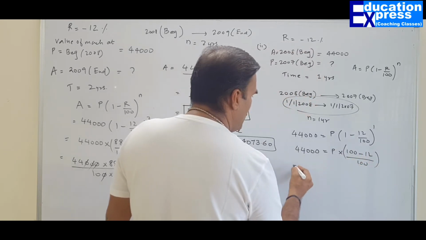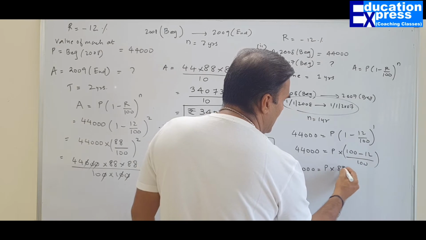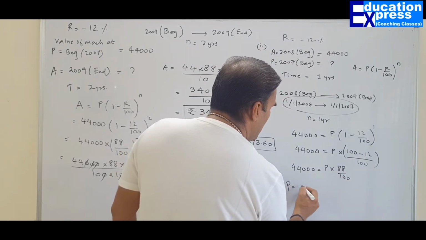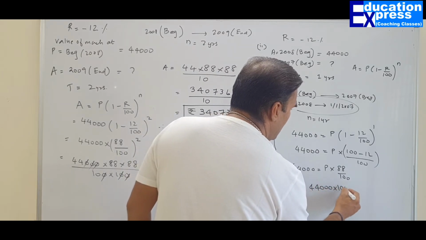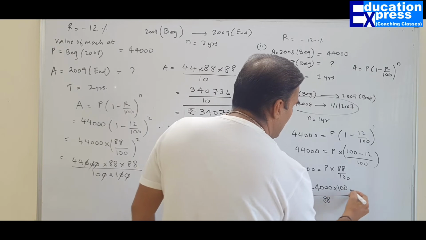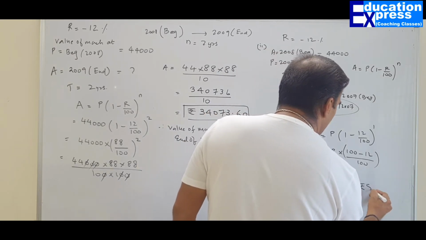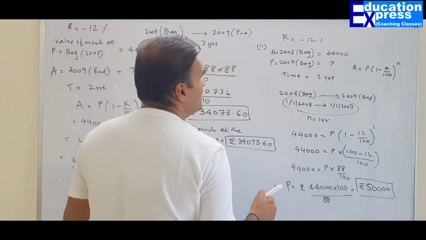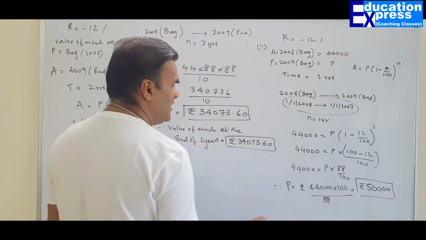What do you get? 44,000 equals P into 88 upon 100. Therefore, the value of P will be rupees 44,000 into 100 upon 88. That gives me rupees 50,000.